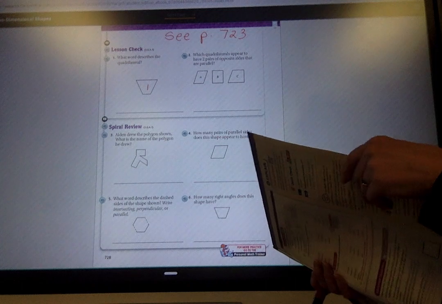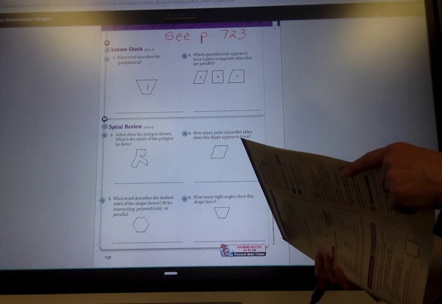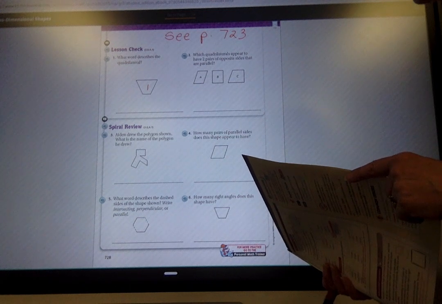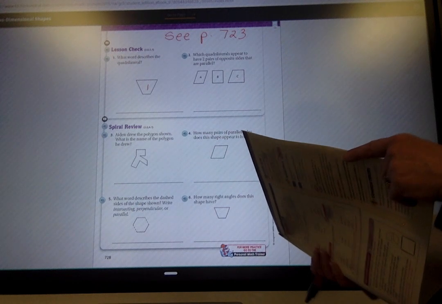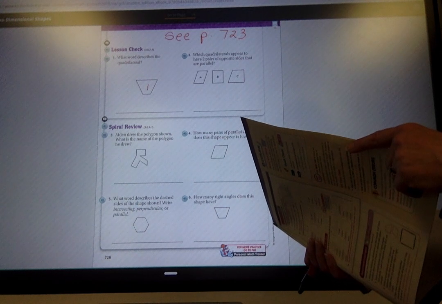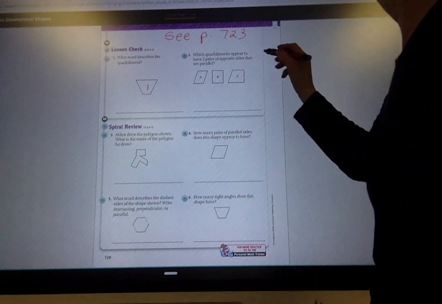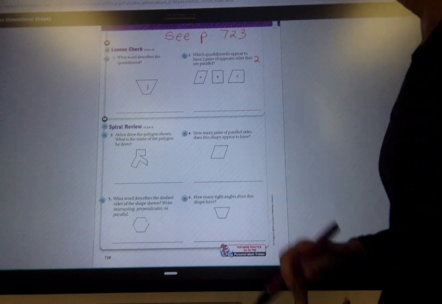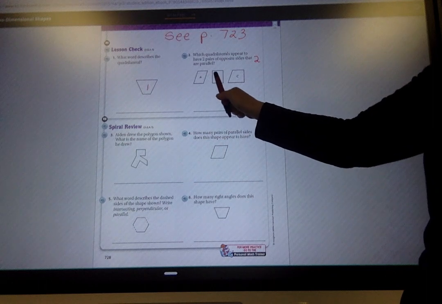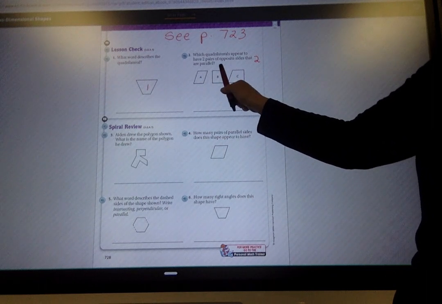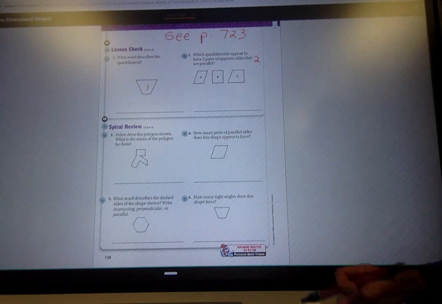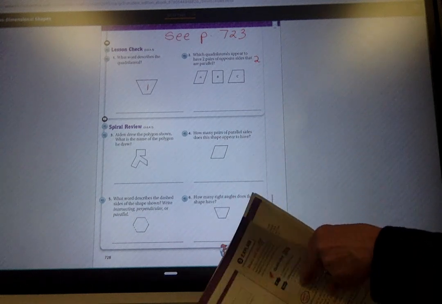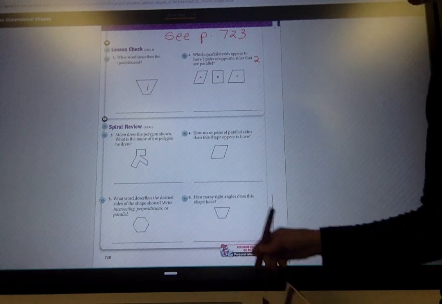Number 2, which quadrilaterals appear to have two pairs of opposite sides that are parallel? There are 2 of them. So write 2 letters down, A and B, A and C, B and C, or C and A, whatever they are. Choose 2. Aiden drew the polygon shown.